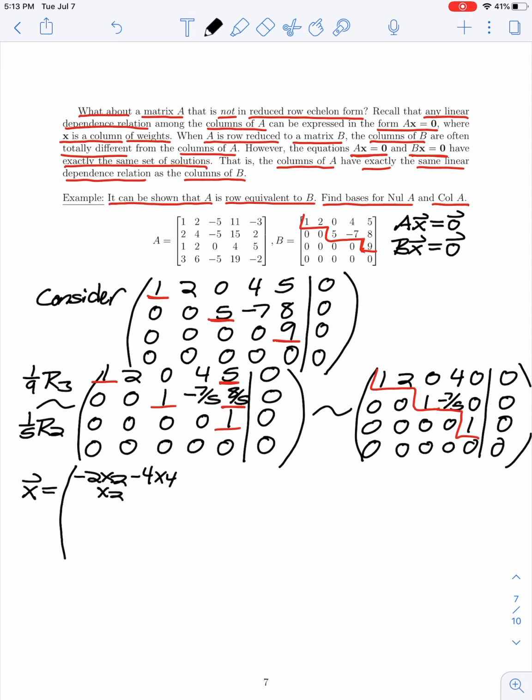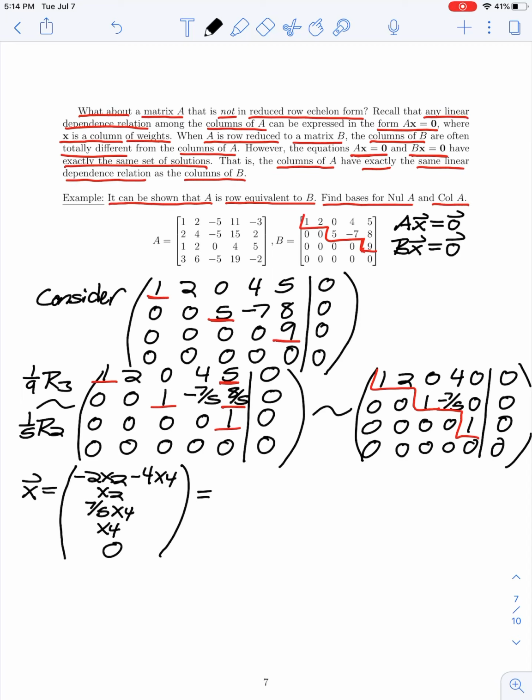x2 is a free variable. x3, using the second row of our matrix, is equal to 7/5 times x4. x4 is a free variable. And using the third row of our augmented matrix, x5 is 0.